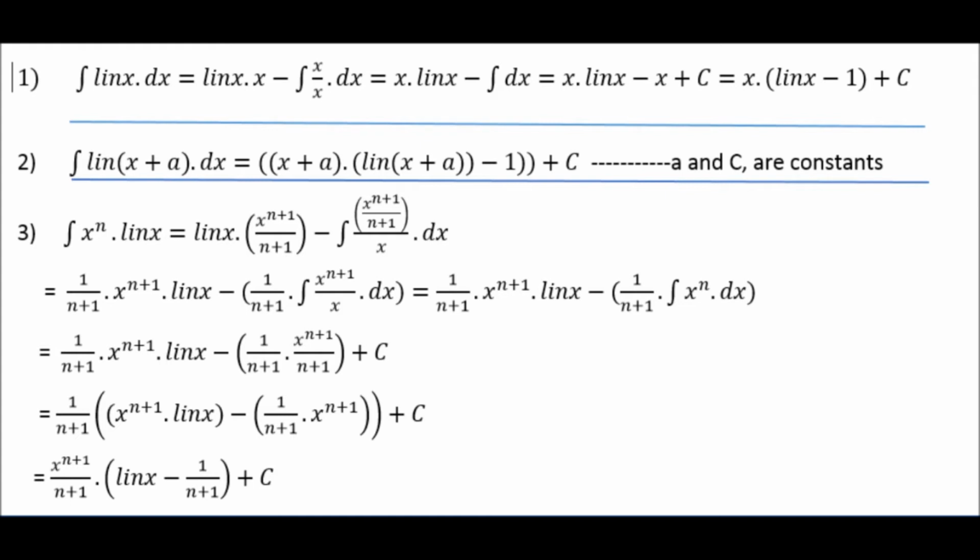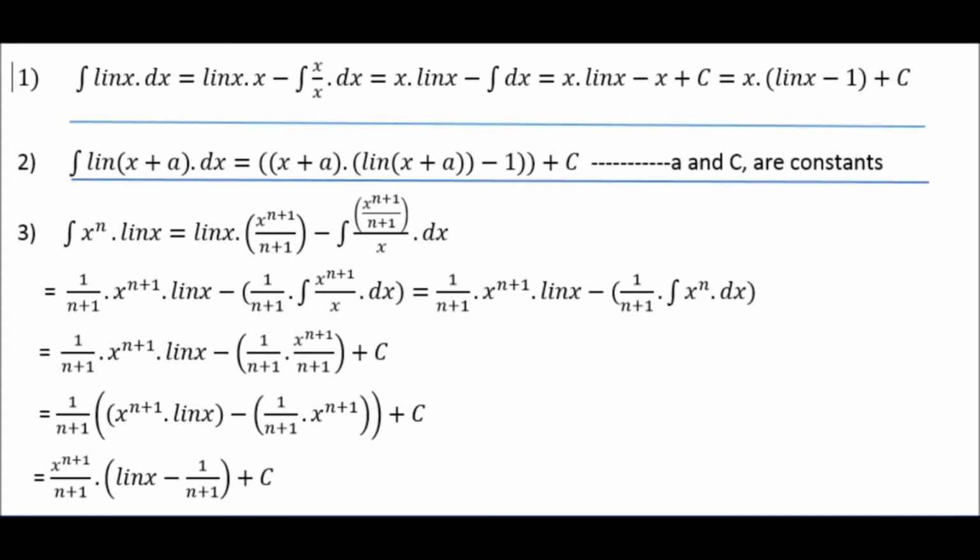Of course, using similarity of forms doesn't work all the time. It's only because I differentiated the right hand side and obtained the left hand side that we know similarity of forms worked in this case, but it doesn't always work.